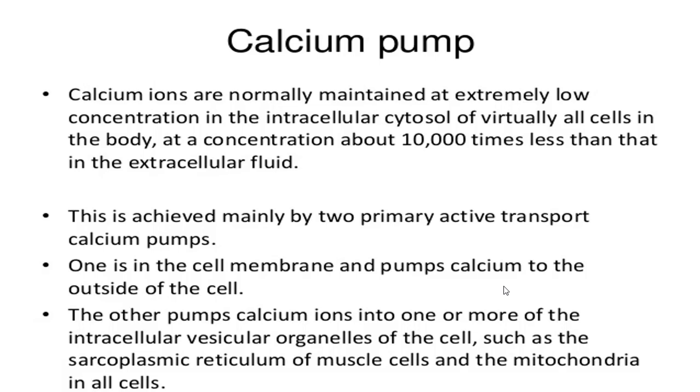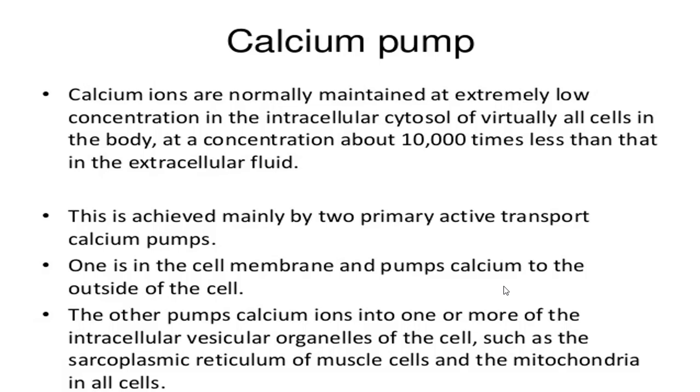This low amount of calcium inside the cell is maintained by two primary active transporter calcium pumps. One of these pumps is present in the cell membrane and it pumps calcium out of the cell. So calcium pumps always try to pump calcium out of the cell.